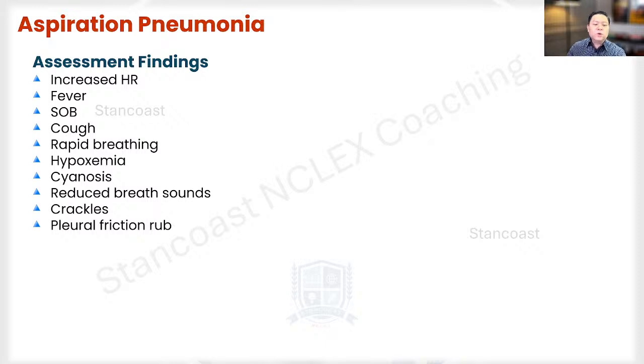Now, when you are percussing the patient's chest, you could start maybe on the posterior, maybe on the anterior chest wall of the patient. When you do that, there are certain areas that may sound dull instead of hollow.